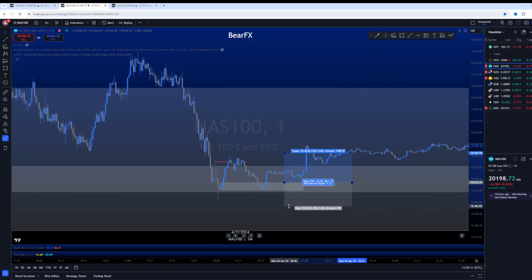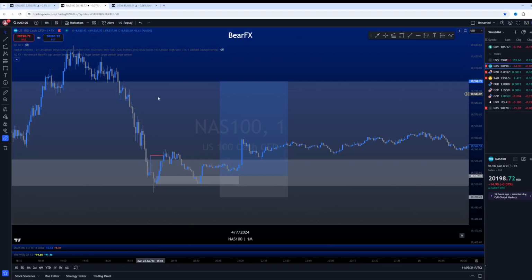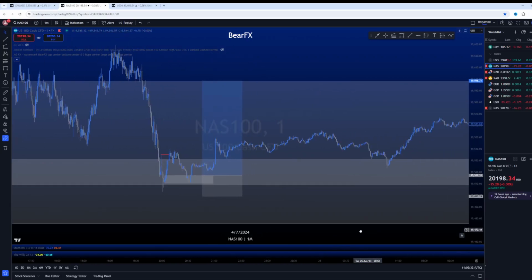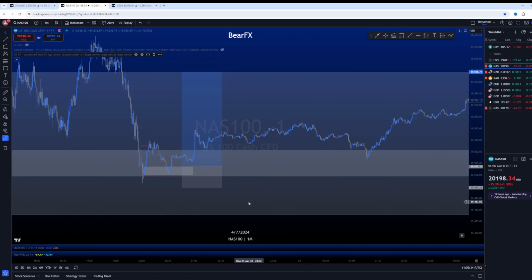Okay, and you're looking at, say, a 20 pip stop loss, a little bit less, 18 pip stop loss, and then obviously you can decide where you want to have your TPs. We'll go through take profits after we've gone through where we're going to get into the trades first. But yeah, so again, you can get in there comfortable with that.